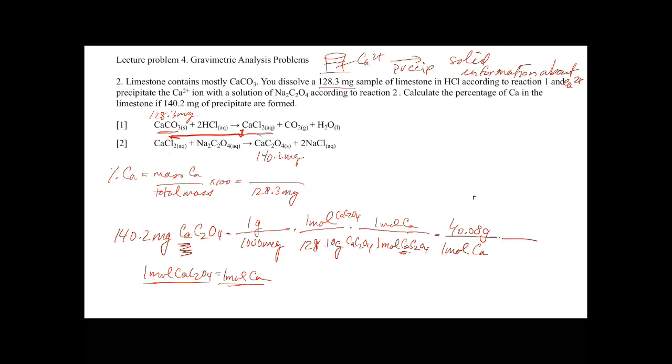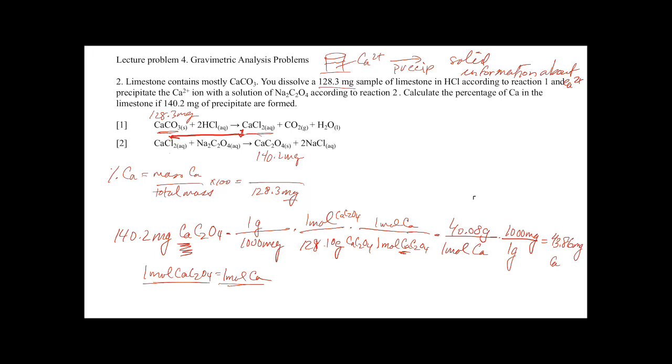And then because up here we have our answer in milligrams, we're just going to do a quick conversion to milligrams. For every 1 gram, there's 1,000 milligrams. So when you do the math out, you're going to get 43.86 milligrams of calcium that was in the original sample.